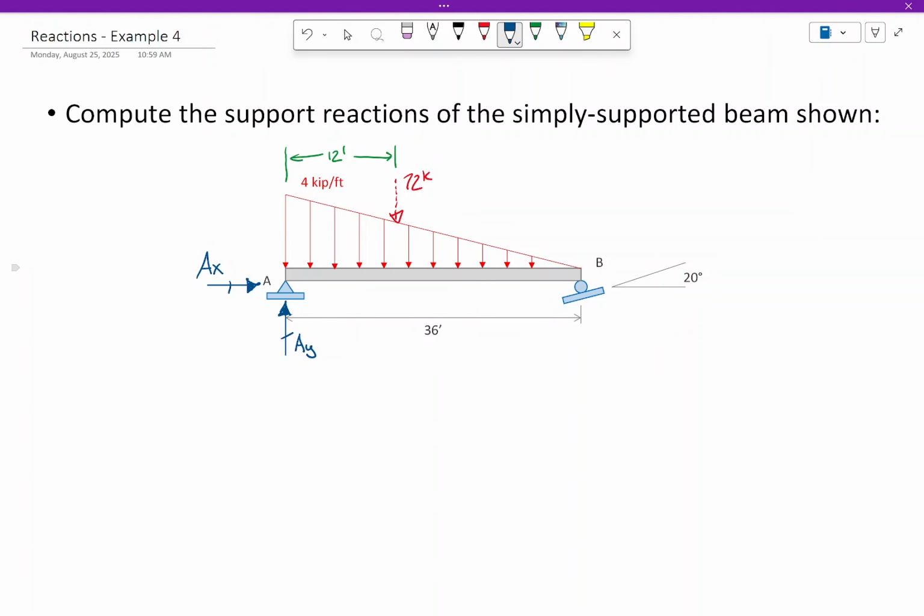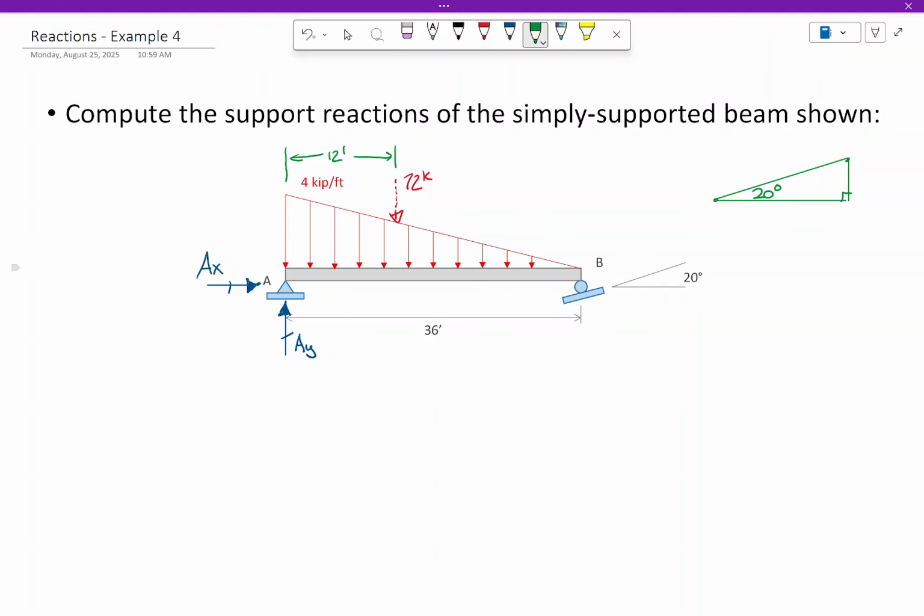All right, now I am going to violate my rule a little bit because I gave you an angle. I didn't give you a slope ratio, so we're going to go ahead and break out the trig. So this is a 20-degree angle.